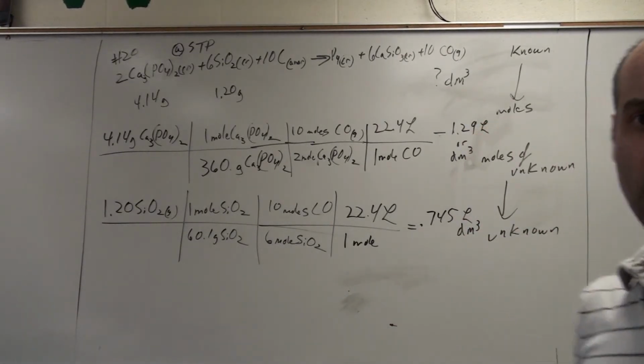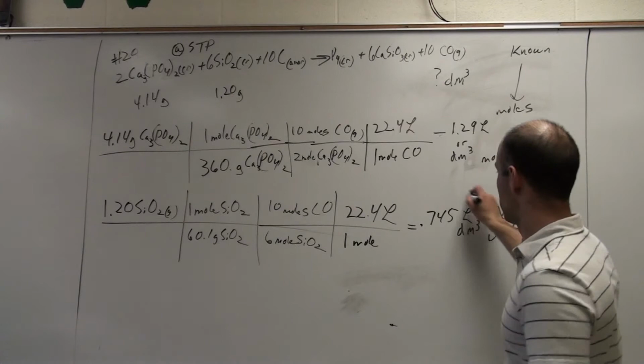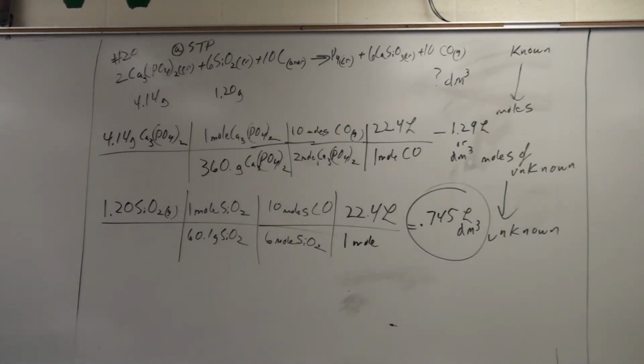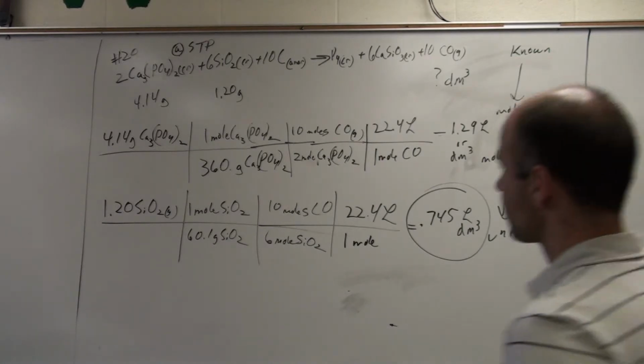The smaller number is the limiting reactant. That is our answer. And that means we will run out of the silicon dioxide.